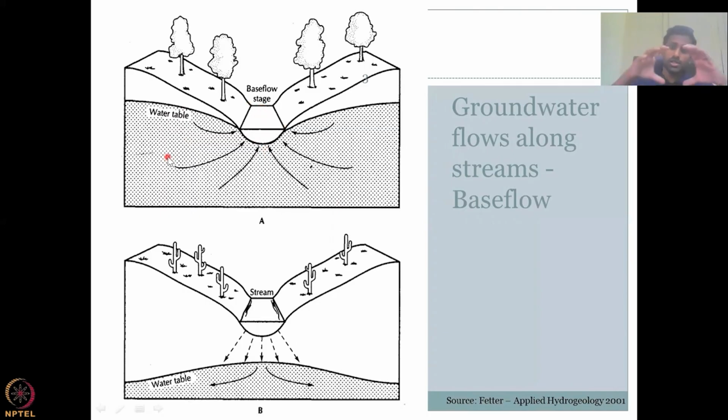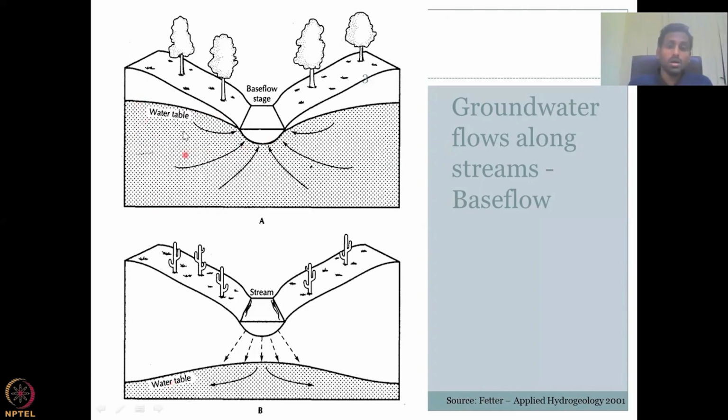In groundwater, you still have the solid phase, the solid particles. Water flows through it. It can only flow when the water table is achieved. So you could see the water table is achieved and water moves. Where does it move? It moves to the stream. The arrow marks show it because your stream is at a low potential compared to the high potential in the water table. So water flows from high to low potential.